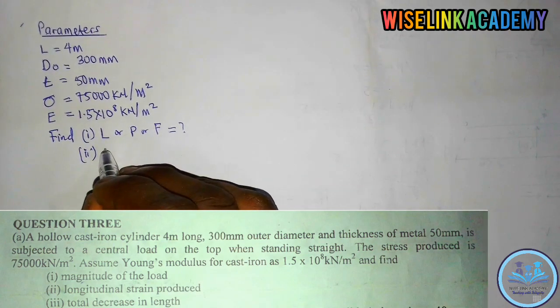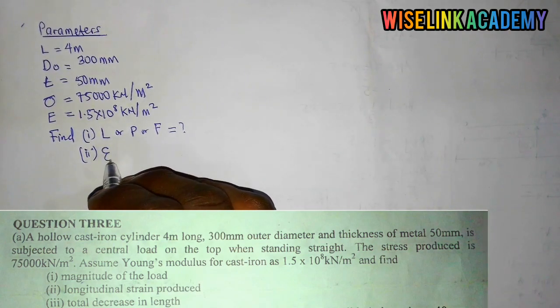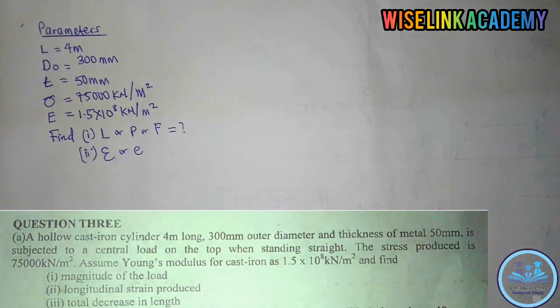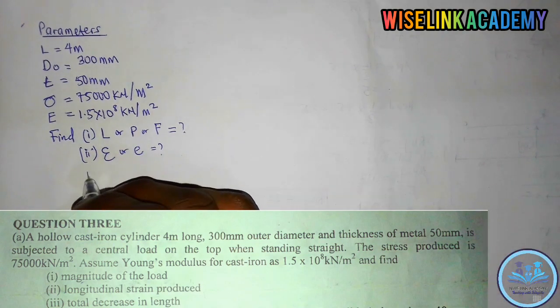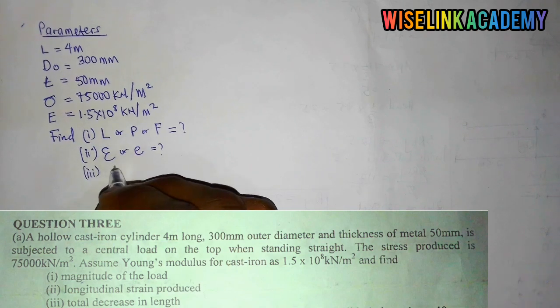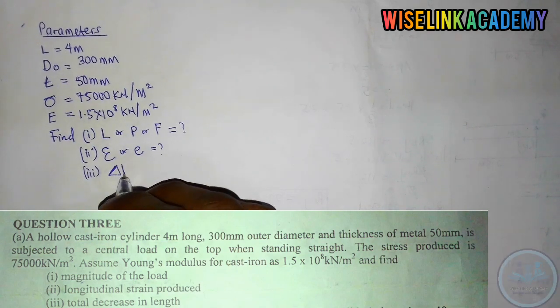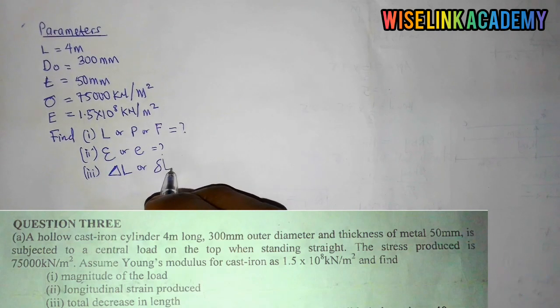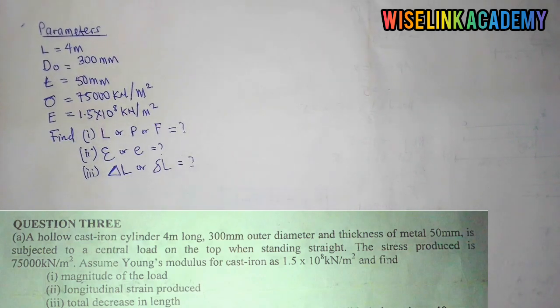Our stress can be either of this stress, or you can put it as this stress. And lastly, we're looking for total decrease in length. That is, we're looking for change. Can be like this, or you can express it like this. We're looking for that too.